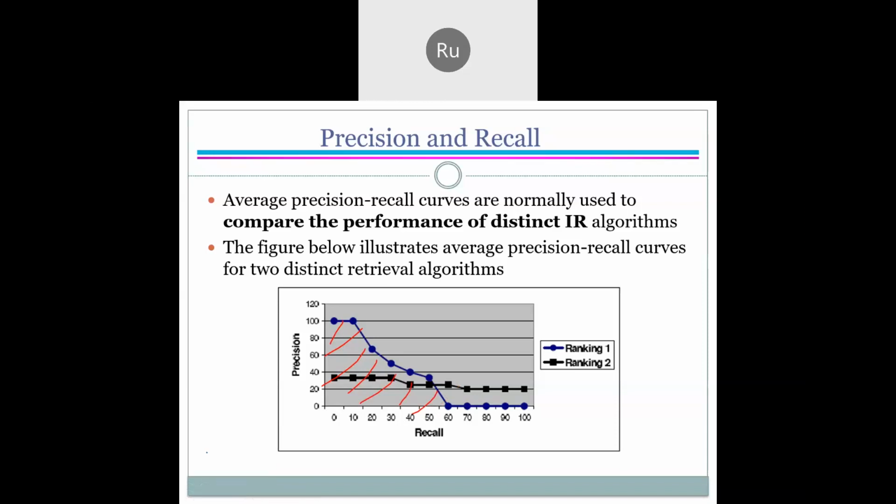So we are looking at the black one, that is this one. By looking at the graph, we will not be able to determine which one is better. So we need to have a measurement. They call it MAP, or mean average precision.